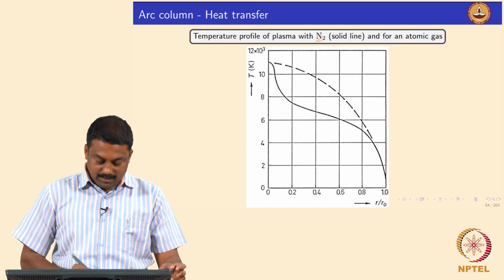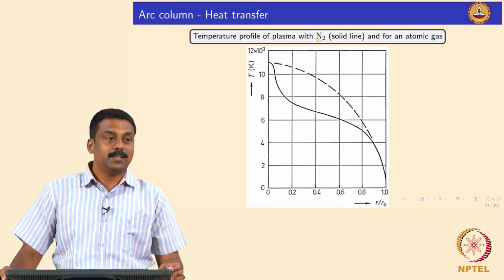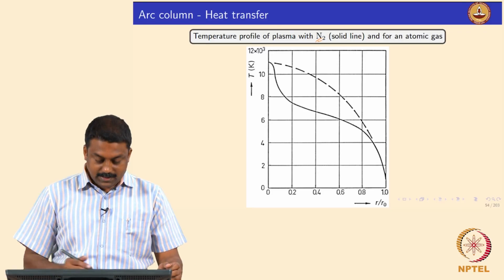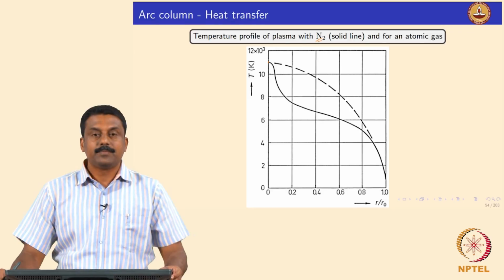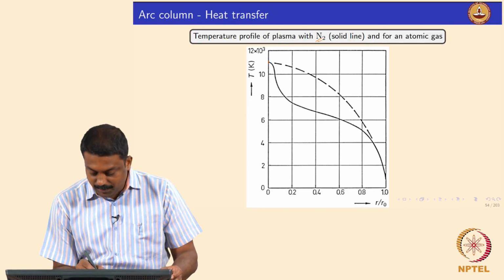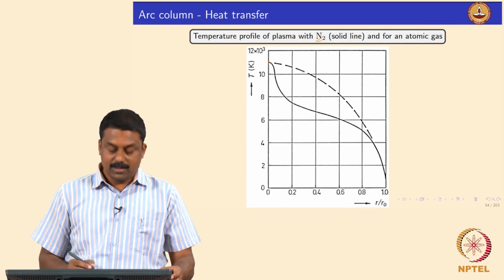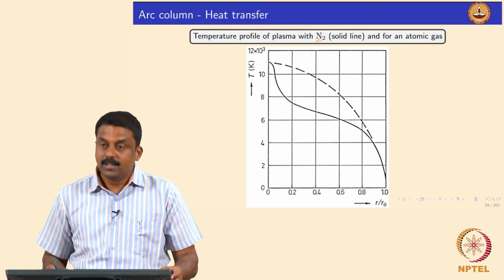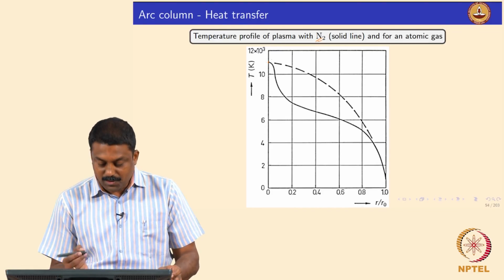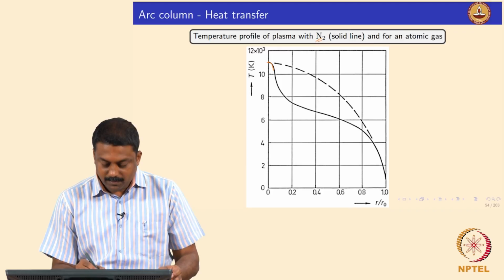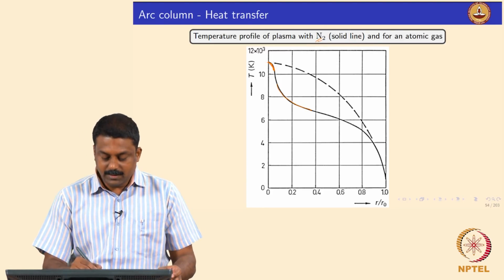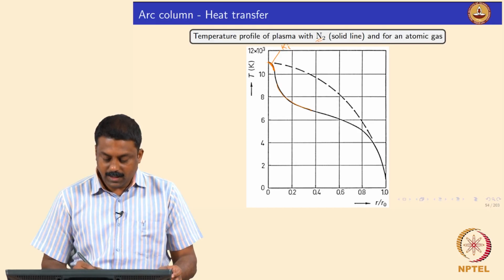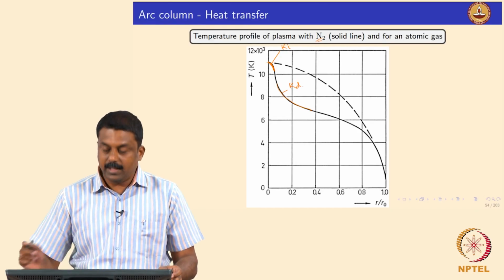If it is the center, that means r becomes 0, right? At the center of the arc. If you look at the temperature distribution, the solid line is for diatomic gas. You see the two shoulders, there is one change in slope and another change in slope, and these correspond to Ki and Kd.